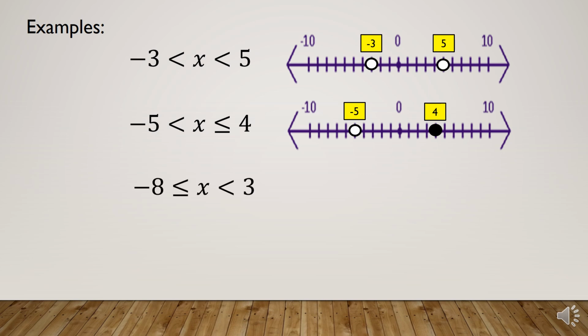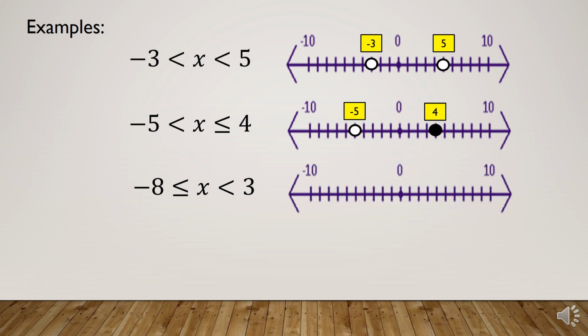Next interval, we have -8 is less than or equal to x, but x is less than 3. It means that -8 is included in the values of x, but 3 is not included in the values of x. In plotting this on a real number line, let us start with -8.